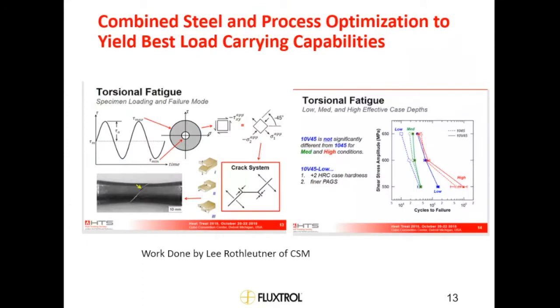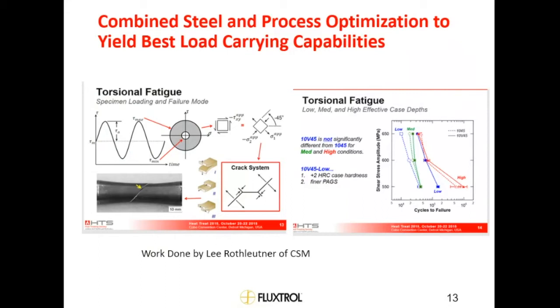So then we also need to look at how we optimize that process and cycle, how we relate those material properties to the actual part performance, and how that relates to things like the alloying additions. Here's an example of a study done by Dr. Rothleutner while he was at Colorado School of Mines.